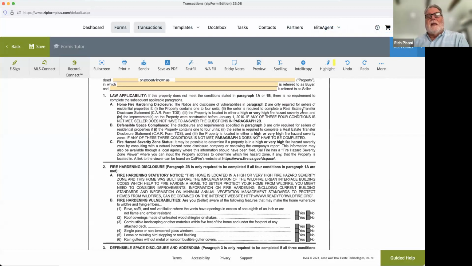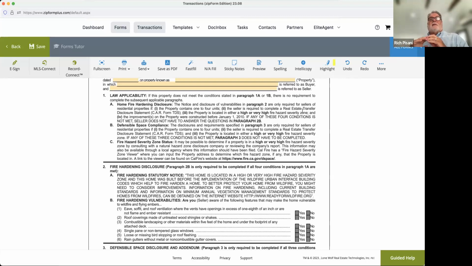When they issue an NHD report, and if that property is in a high or very high fire zone, whether it be state, county, or local, that report will generate this form. So that's a great benefit.